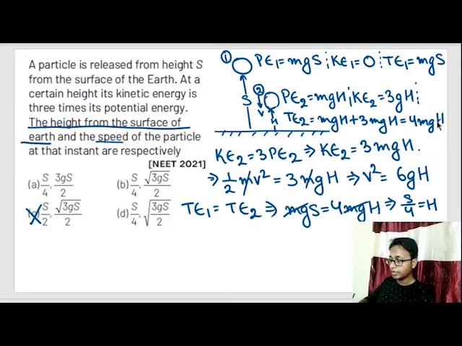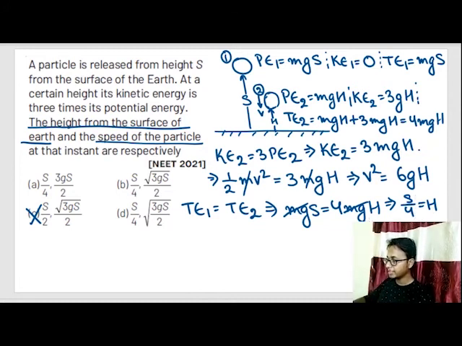Now we need to find the speed of the particle. We obtained v square equals 6gh from half mv square equals 3 mgh, and h is s by 4.